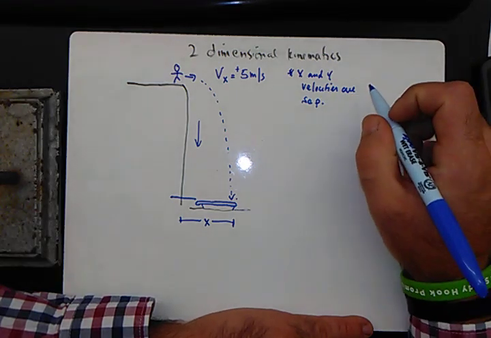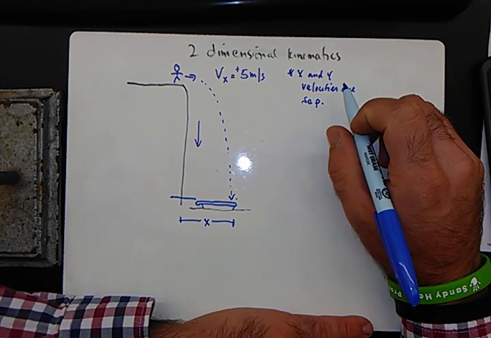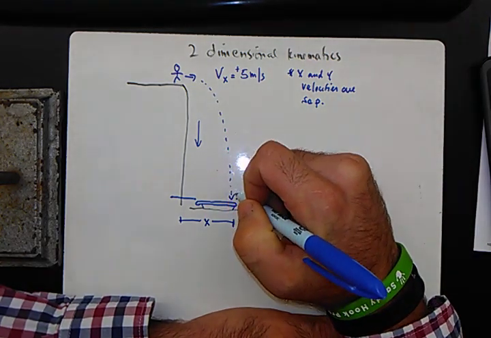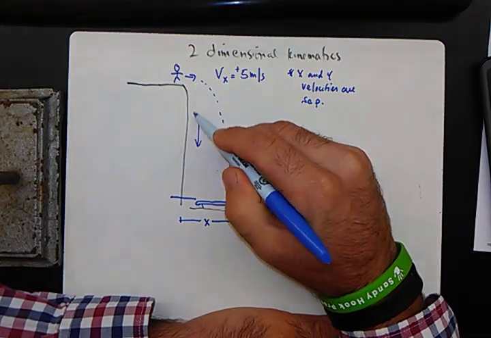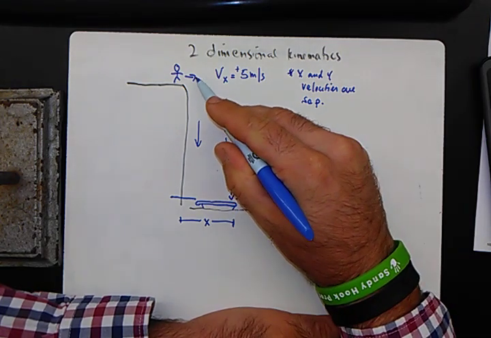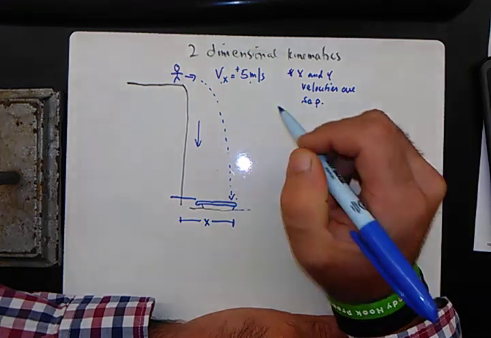They exist separate from each other. So this actually turns into a free fall problem. If this person were to just fall right there, it would be the same amount of time as if they were going in the x direction.